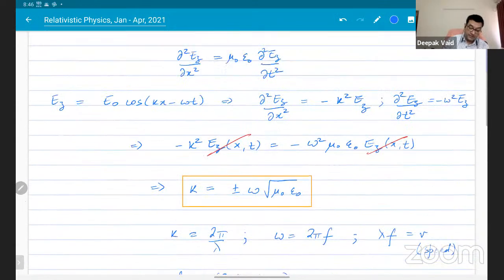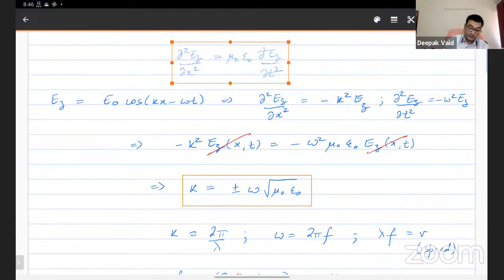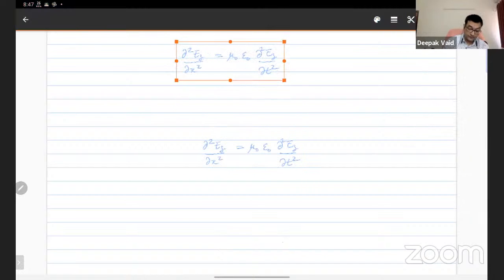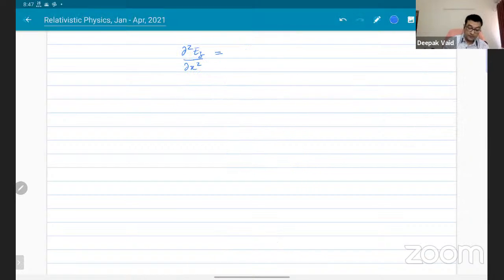If we look at this equation, the wave equation, so I'll write it like this now, 1 by c squared dt squared. So c is the speed of the wave. This equation has x and t, right?